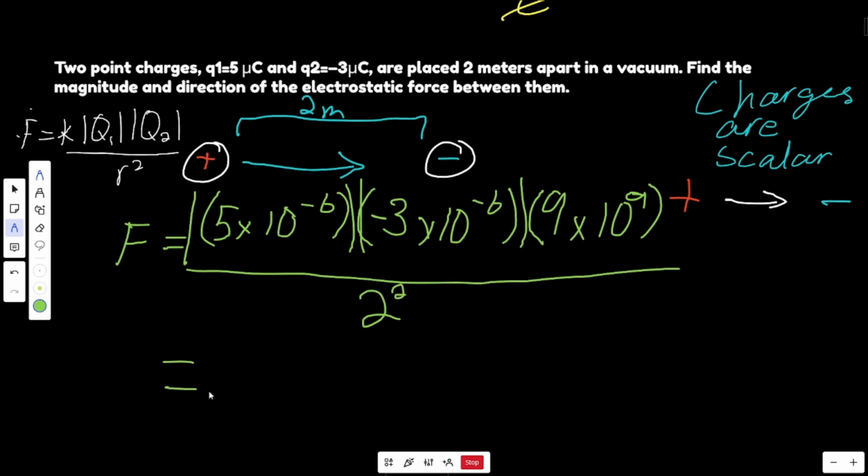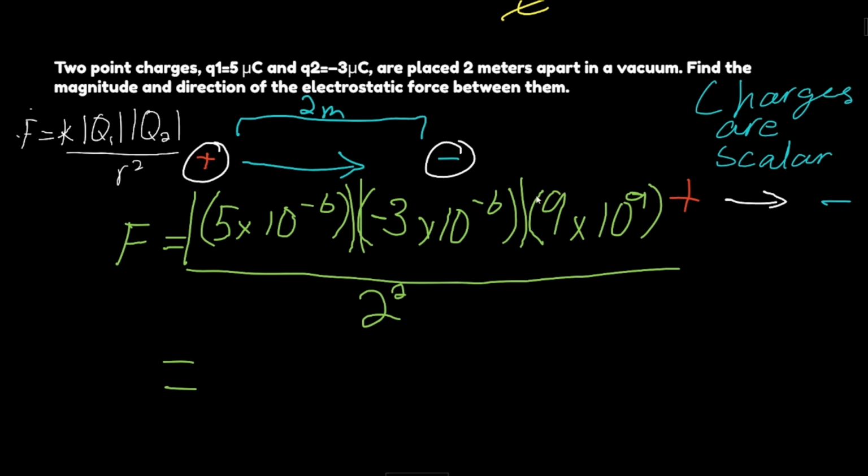Now, how I like to solve it is all of the 10s are multiplied to each other. You can interchange these and it won't change anything. You can factor out the 10 basically. So using law of exponents, 10 to the power of negative 6 times 10 to the power of negative 6 is 10 to the power of negative 12.